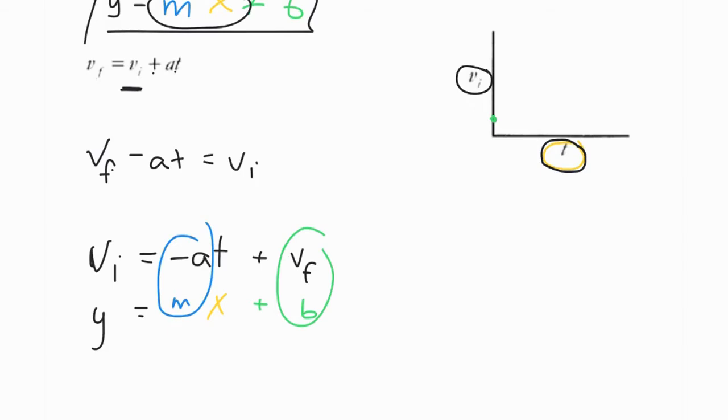Then I'll have this line here, the slope of which is minus a. So when I look at this now, the slope of this line is going to be minus my acceleration times my time plus VF. So we're going to have this type of graph and these parts on it.